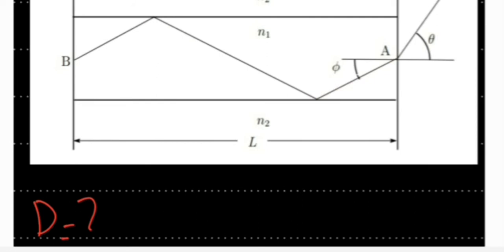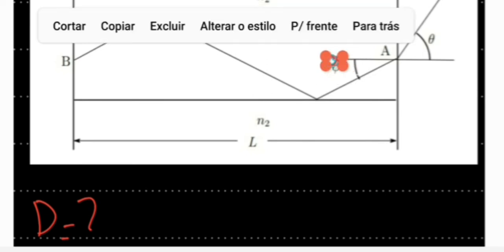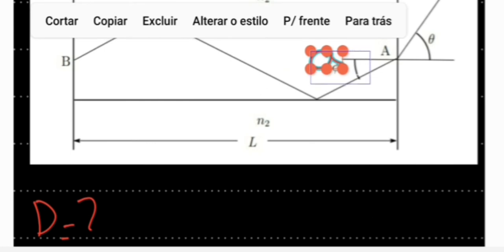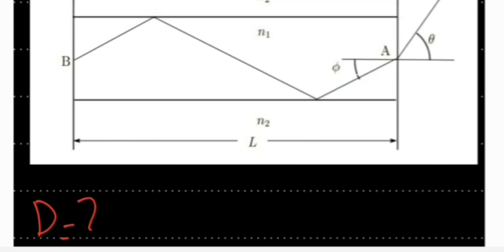So our distance is A, B, and D. Let's actually call these points over here. We have point A already, so let's call this point B.